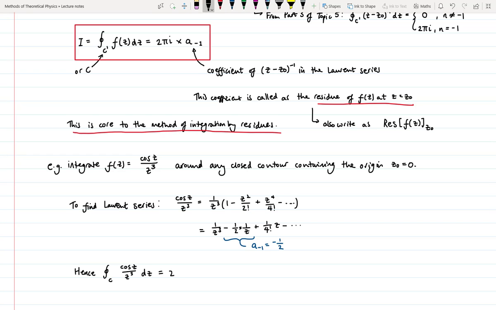This integral is 2 pi i times the residue minus a half. So this integral is simply minus i pi. And it's really that easy.